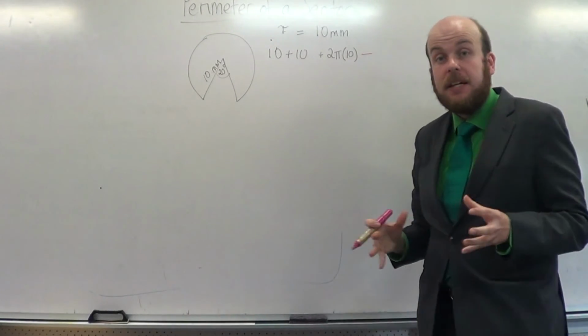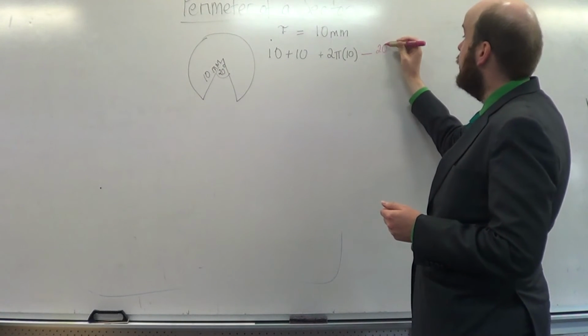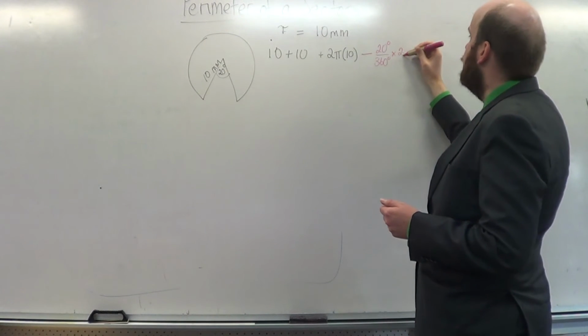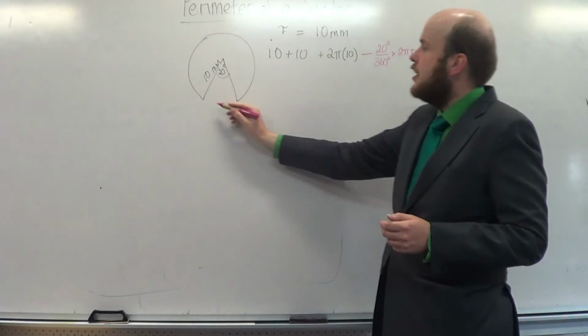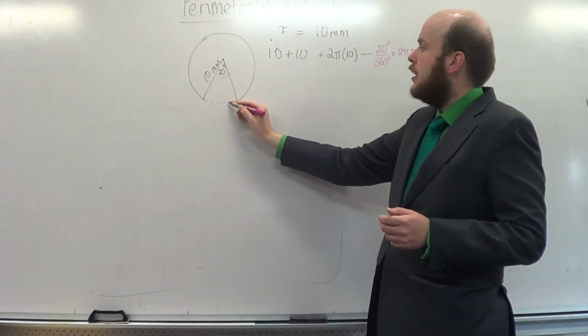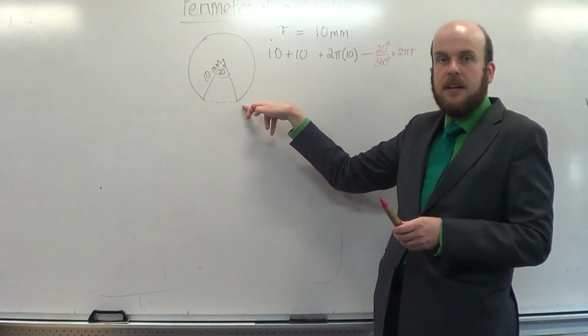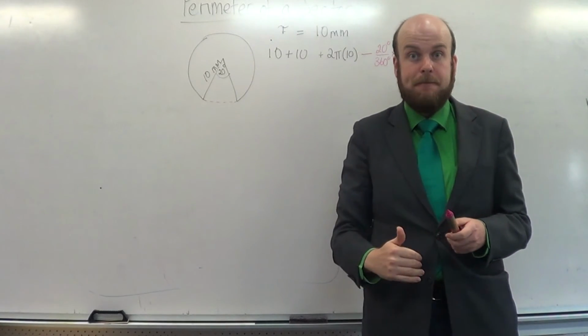So remember, the sector was a fraction, so here it's 20 degrees over 360 degrees times 2 pi r. So it's basically this section here. That's that section that doesn't exist, this solid line here. That is what we're taking away because we don't want to include it.